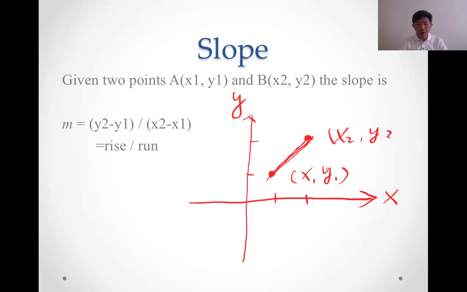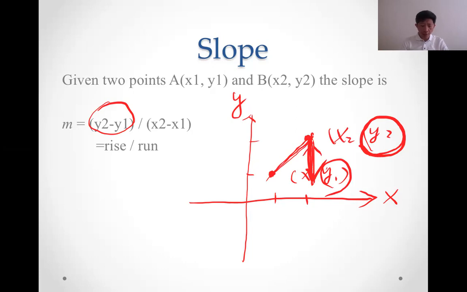We take y2 minus y1, this minus this one, so we have a distance like this. Changing to a different color, this is x1, this is x2, and this is y1, y2.